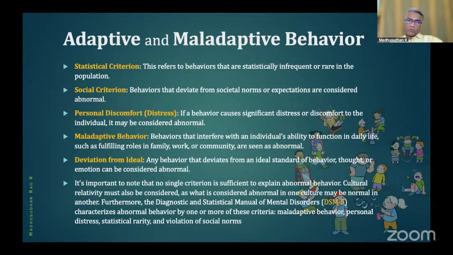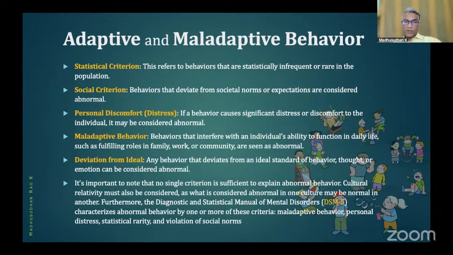As I said, it is important to note that no single criterion is sufficient to explain abnormal behavior. There is no single test to simply say that. Cultural relativity must also be considered, as what is considered abnormal in one culture may be normal in another.